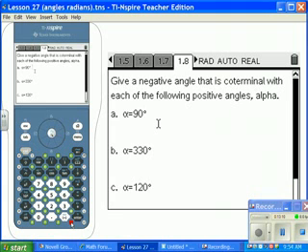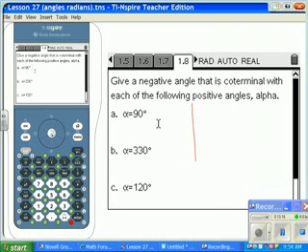Okay, so what I'm doing here is I'm looking for a negative angle that's coterminal with each of the following positive angles. So what that means is if I have, do you guys know what this symbol is? Alpha. You have to get used to that. Okay, alpha. All right, so what I have is I have an angle of 90 degrees. Where's 90 degrees?